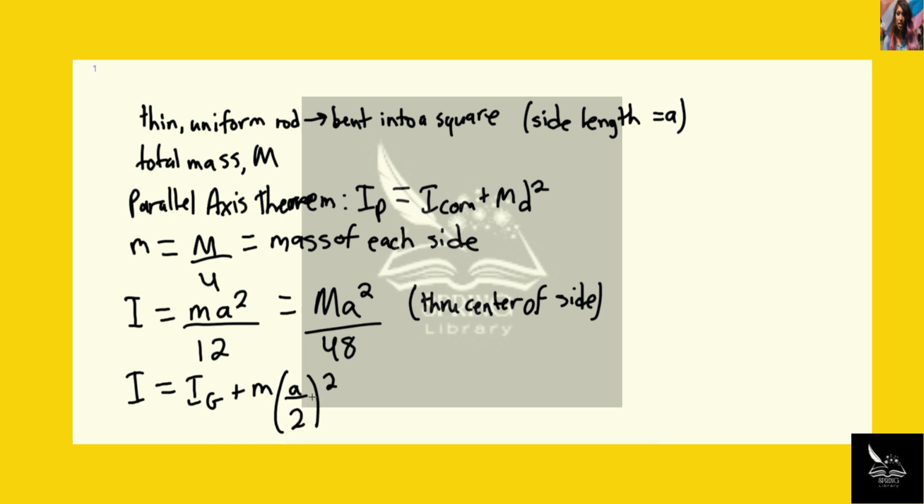And what this means is that this is the moment of inertia of each side about an axis through the center of the square and perpendicular to the plane of the square. So here, this is actually going to be Ma squared over 48. This is essentially Ig plus Ma squared over 32, over 16.